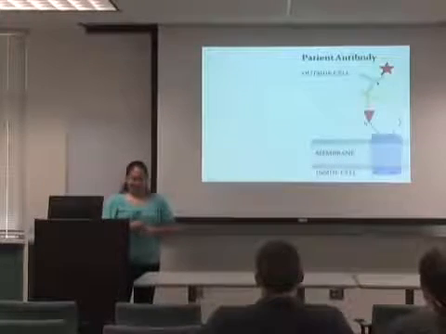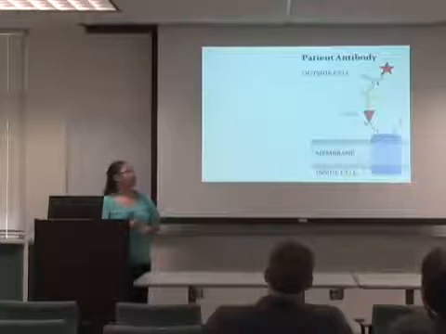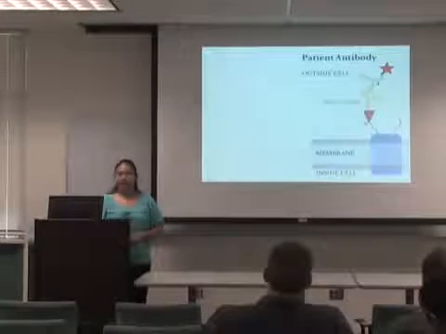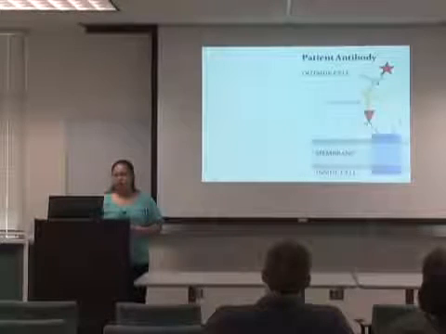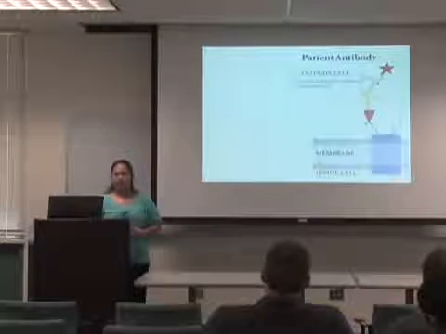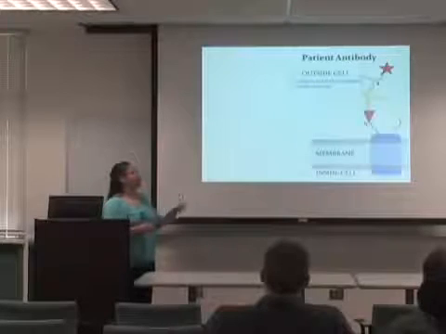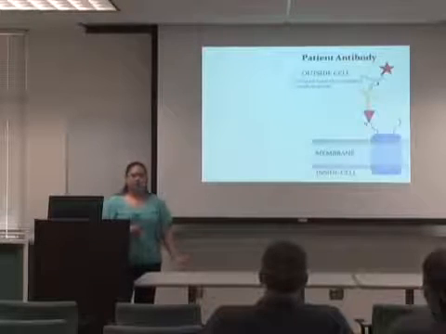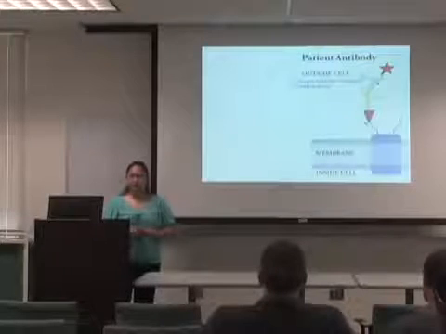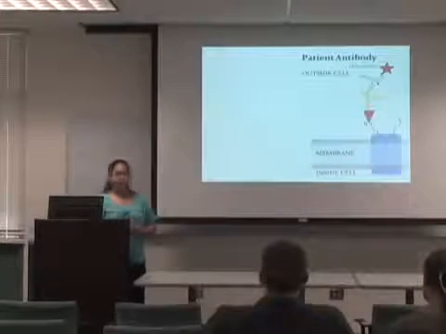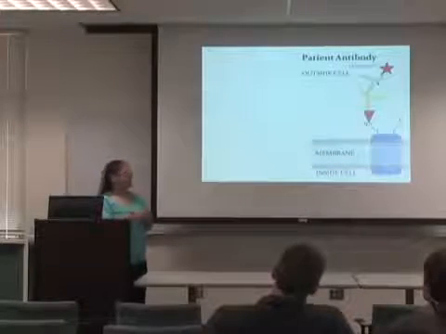For the patient antibody, we have the peptide, which binds to the patient antibody, either the preeclamptic patient or the normal patient. Then we have a secondary antibody, which binds to the patient antibody. The secondary antibody is bound to the same small molecule you saw in the model antibody structure, again binding to a fluorophore, allowing this entire structure to fluoresce.